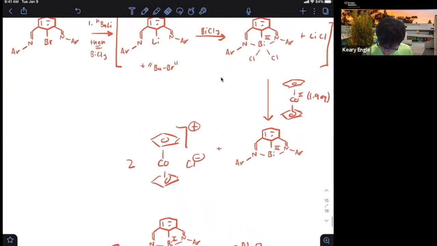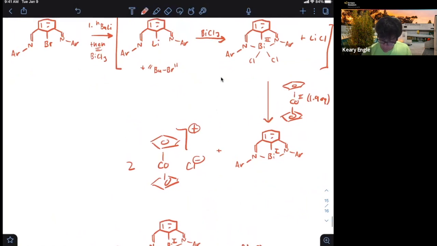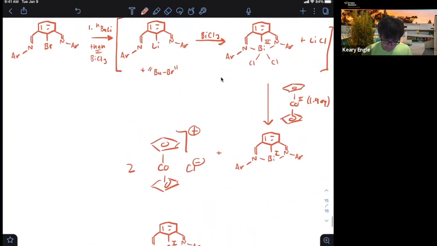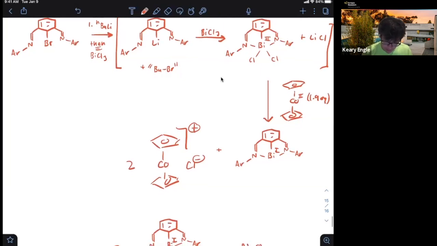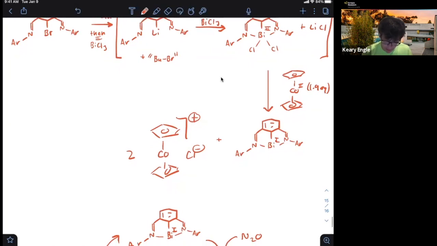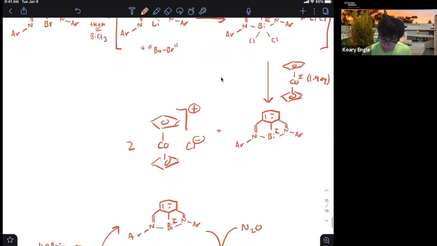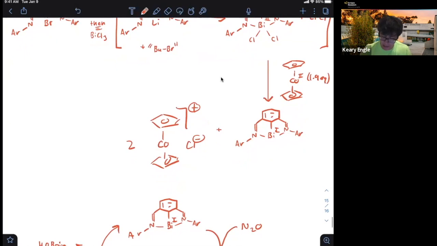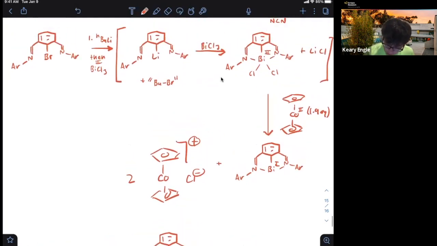And so now we will reduce bismuth 3 to bismuth 1, and then we'll generate 2 equivalents of cobaltocenium chloride as the byproduct, with this now bismuth 1 low valent NCN pincer as product B.